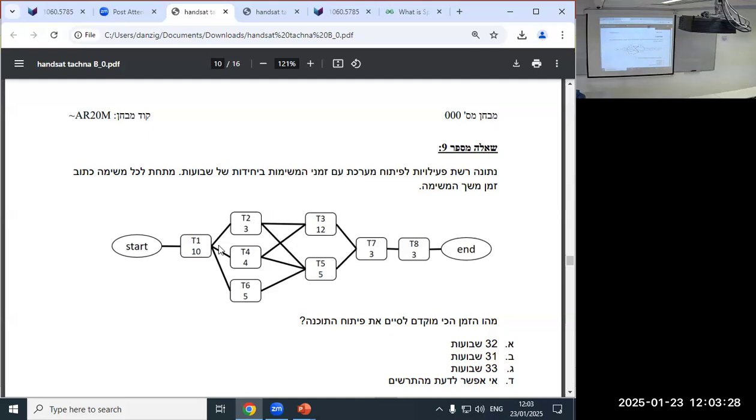We've got to get this one done, let's say we go like this, 10, 3, 12, that's 13 and 12 is 25. 31. So not like that.